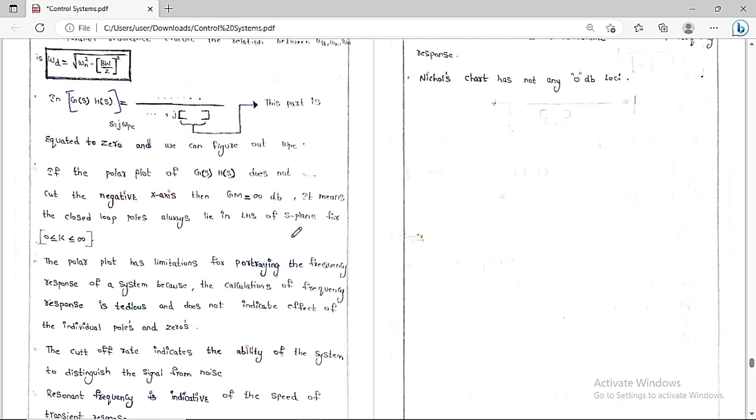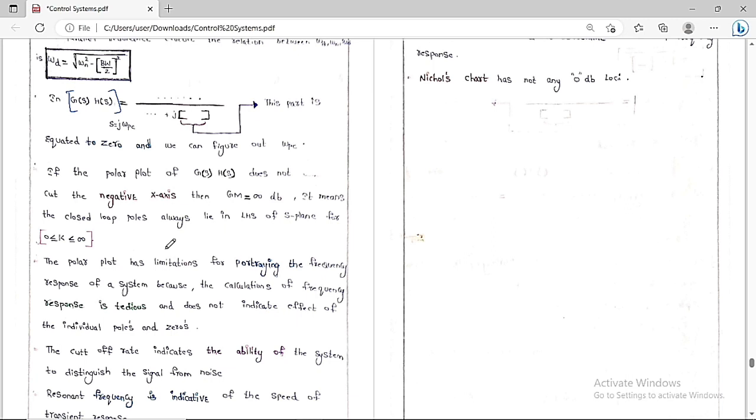So we can say simply, whenever the polar plot of G(s)H(s) does not cut the negative axis, then the gain margin is said to be infinity dB, and it means the closed loop poles are always going to lie in the left half of the s plane for all values of the range of K. So finally I can say, if the polar plot of G(s)H(s) does not cut the negative real axis, then the gain margin is said to be infinity dB.